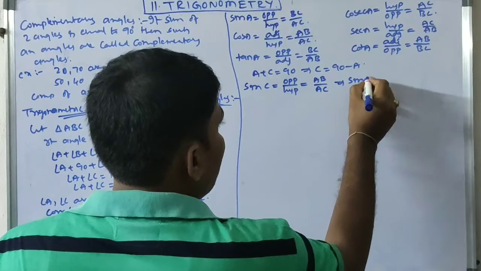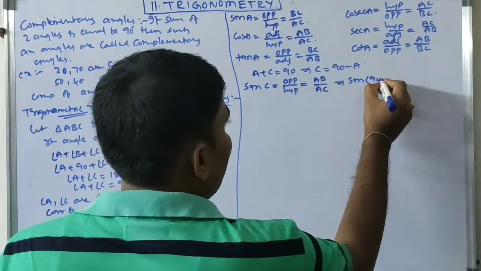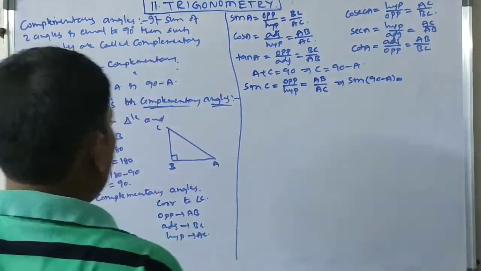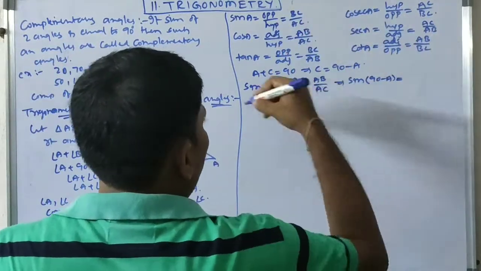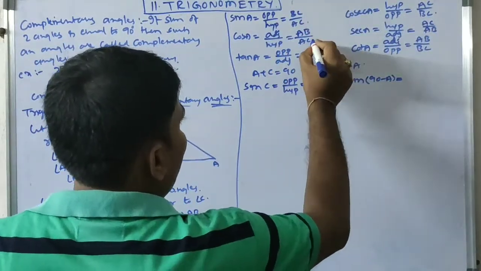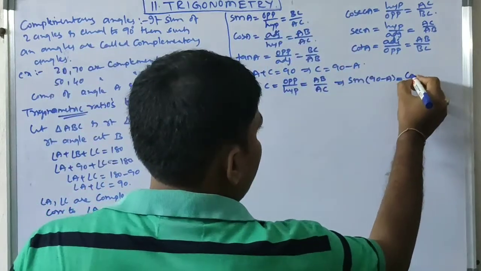So sin of C, which we can write as sin of 90 minus A, is equal to AB by AC. Observe this: AB by AC is cos A.